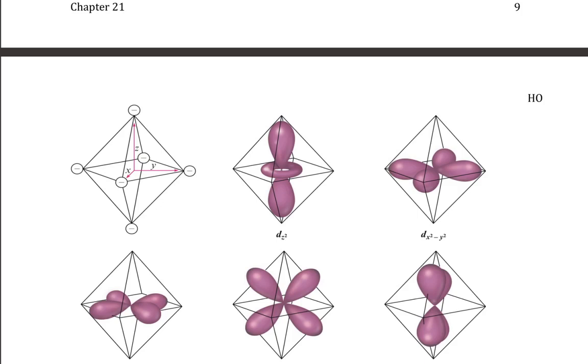We have the dz squared atomic orbital. It has that shape. Notice it's along the z-axis. We have the dx squared minus y squared. Those lobes of that d atomic orbital are pointed toward the corners of the octahedron.